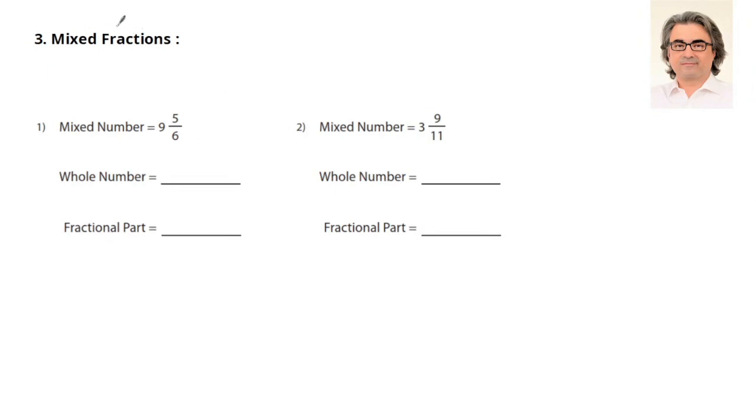We denote a mixed fraction with letters A and B over C. It means A plus B over C. Now, in this example, A is called the whole number of the mixed fraction, B over C is its fractional part.